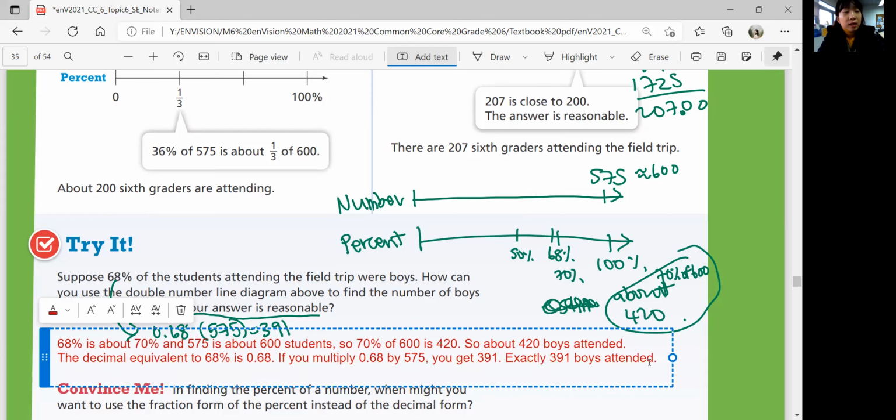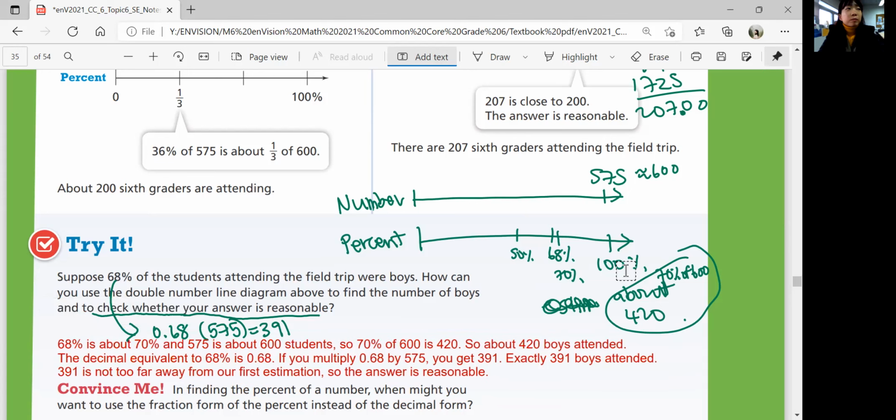You can check the answer is reasonable by comparing with the estimation. 391 is close, it's not too far away from our first estimation. So the answer is reasonable.